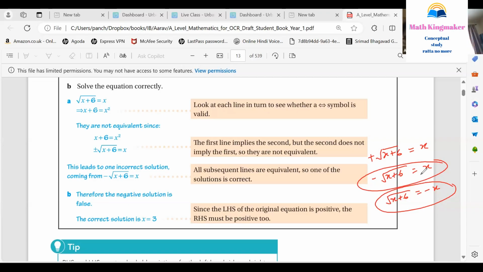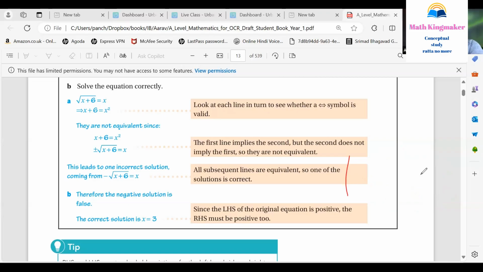So if you substitute -2 there, what answer are you getting? On the left side you get +2, and on the right side you're getting -2. So you found two solutions.